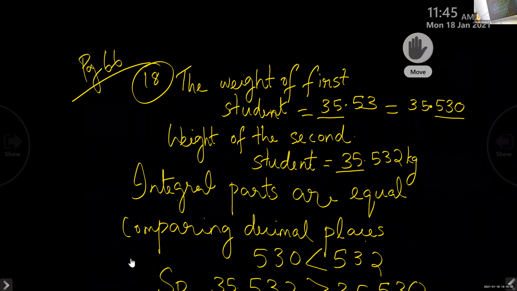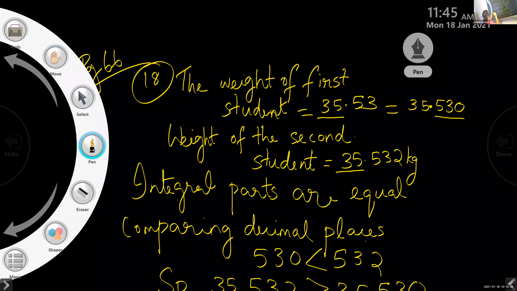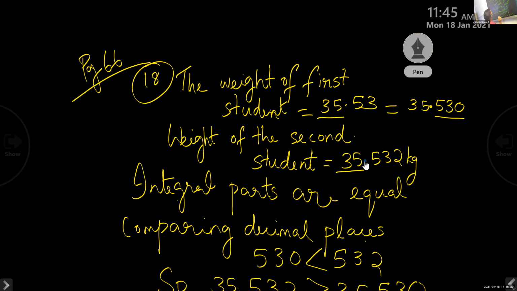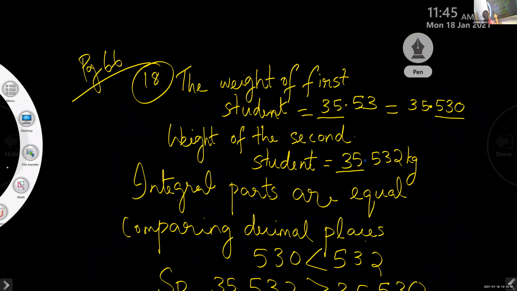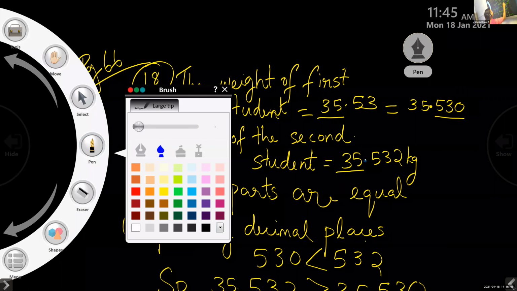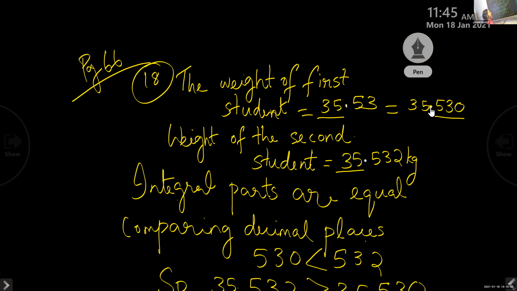Second step, weight of the second student, 35.532. Don't forget to place the decimal point. The decimal point should be clear. Here we have to write it here, 35 point 530.